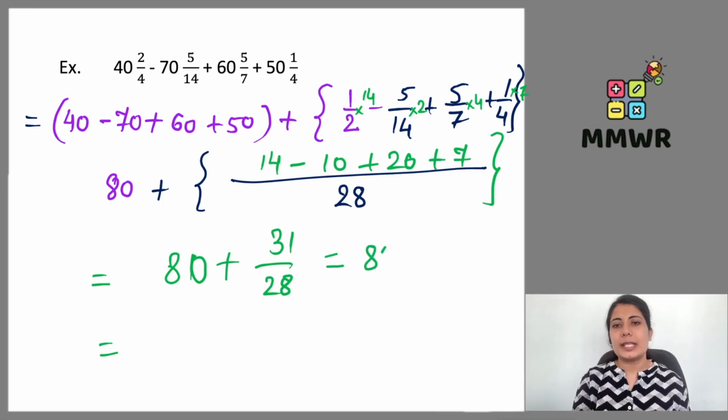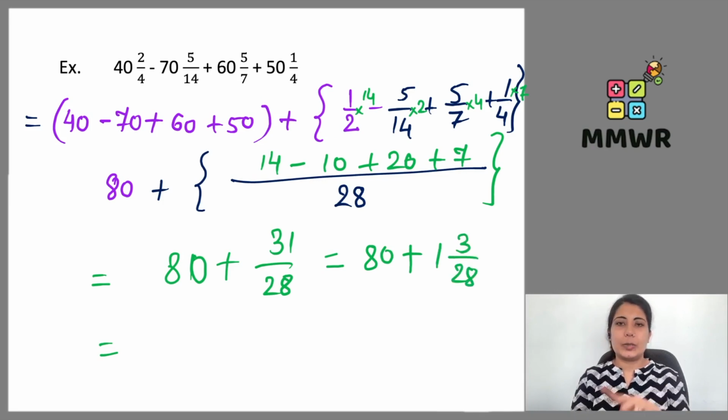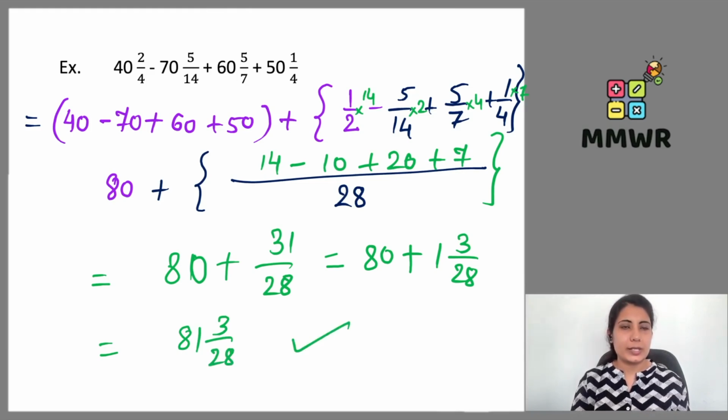So this is going to give us 80 plus 1 and 3 upon 28. 28 ones are 28 plus 3, 31. So 80 plus 1 is 81 again 3 upon 28. So at the end, finally, we got the answer of this problem, 81 and 3 upon 28. Isn't it an interesting method? Yes, it's easy to apply, easy to understand.